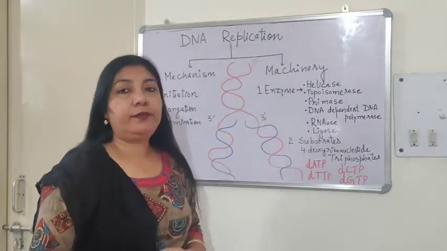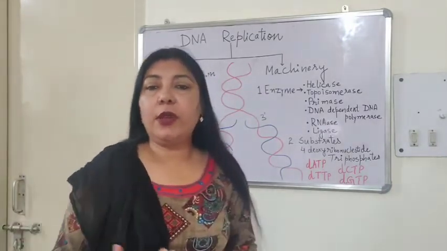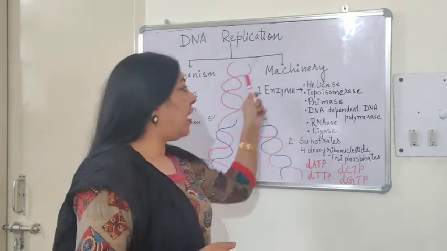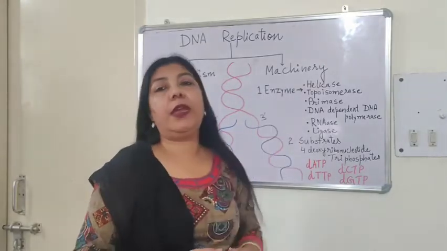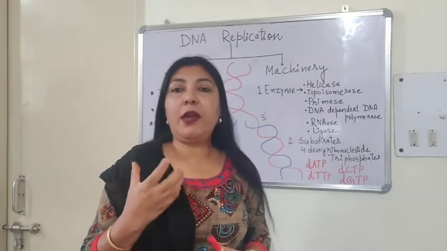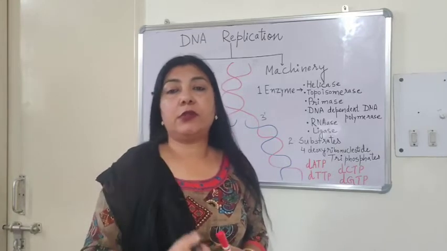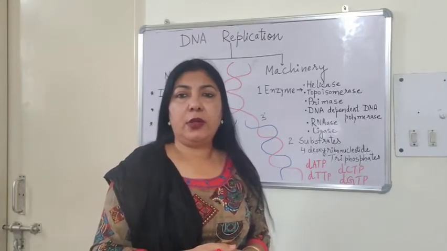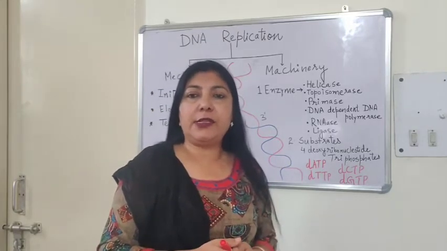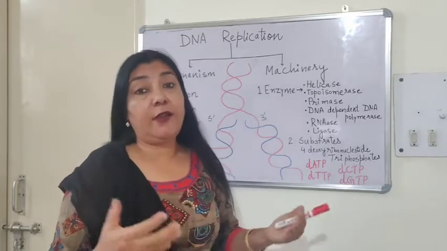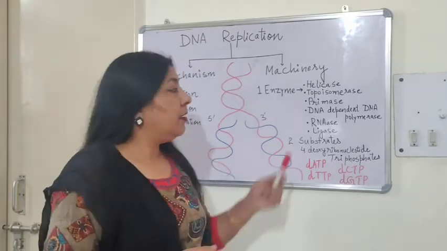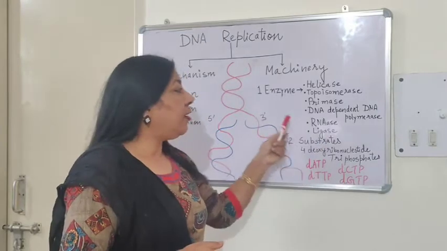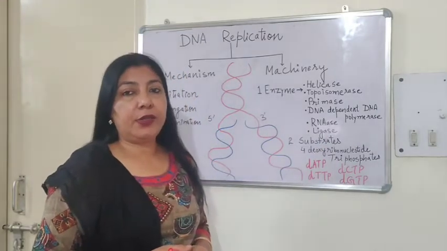First, machinery. In molecular biology, enzymes are very important. They are in a way tools for any reaction. There are different types of enzymes, or you can say different types of tools. So what enzymes are required for DNA replication?